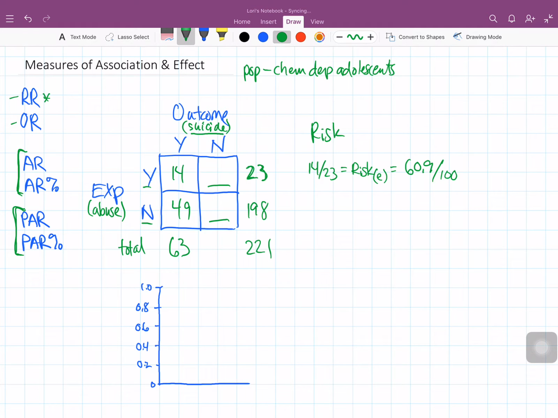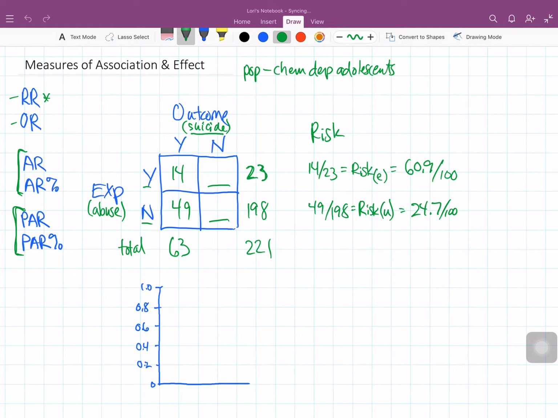That would also be a good measure. And then similarly, the risk for the unexposed is 49 per 198. So I'll call that risk of unexposed, that's a U, is equal to 24.7 per 100. Now those per hundreds could be, depending on the actual numbers that you're getting for a study, per thousand, per 100,000, expressed in different ways, but we just need to keep it consistent between the different things.